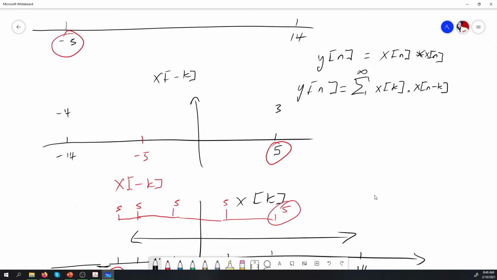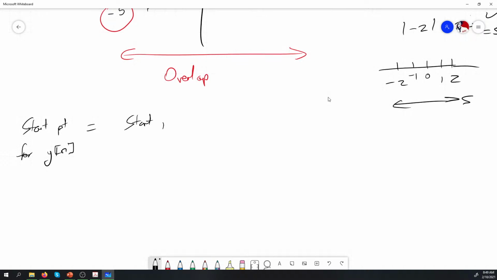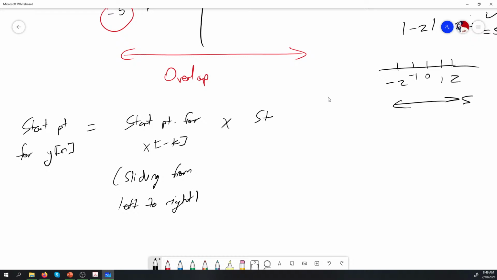This is going to be the start point for x of -k, now remember this is sliding from left to right, multiplied by the start point, sorry, not multiplied, add the start point for x of k, remember this here is stationary, plus 1.